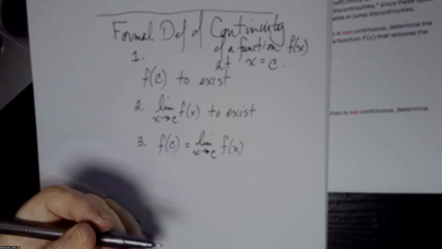Also, when it says that the limit as x approaches c of f of x exists, that means it equals some L, and that L is not infinity. And then we get the part that we saw before.